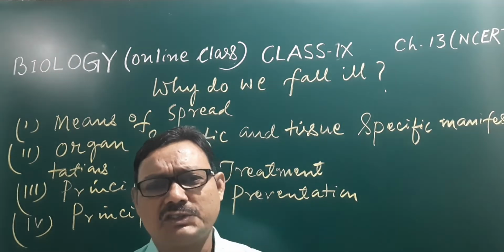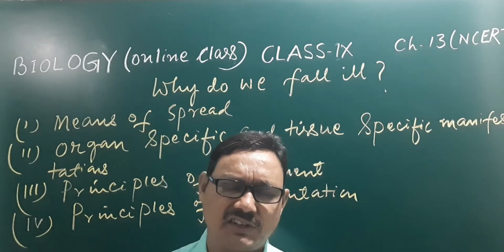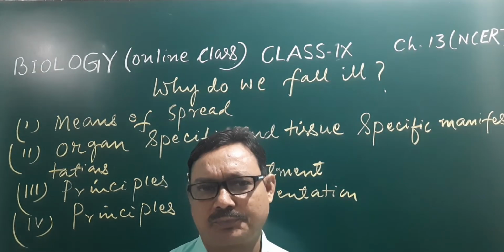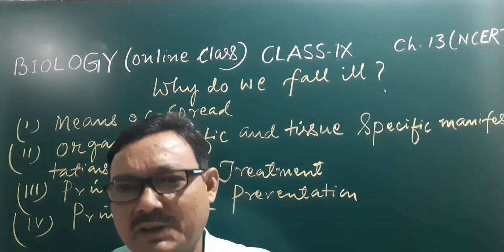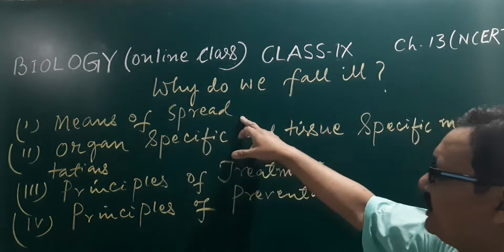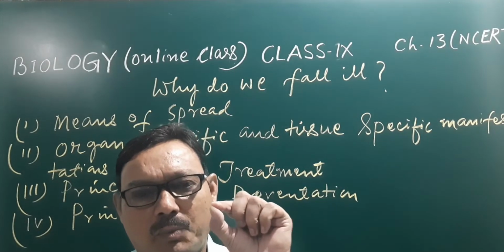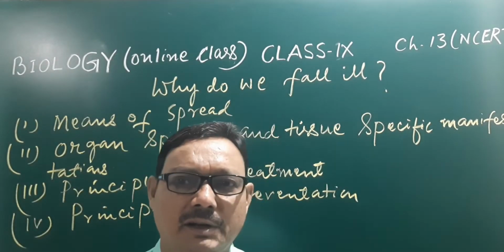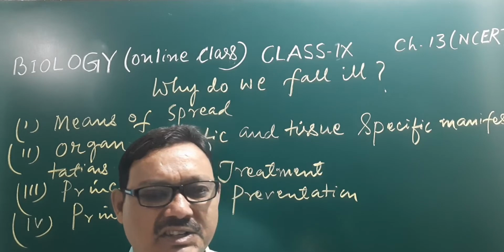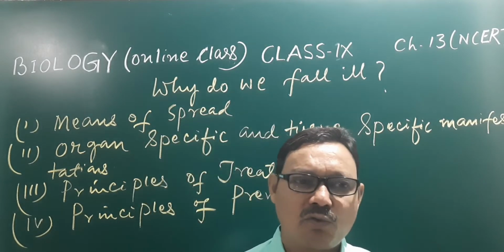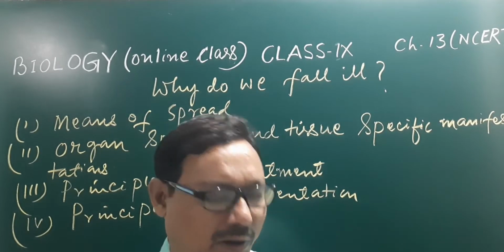Now, these diseases which are caused by different types of infectious agents, how can they spread from affected persons to healthy persons? That is the means of spread of infectious diseases. In this part, we have to learn about the different means by which infectious diseases can spread from one infected person to a healthy one.